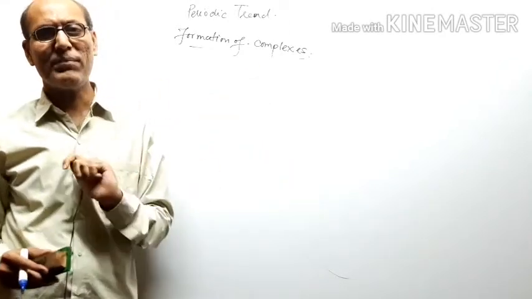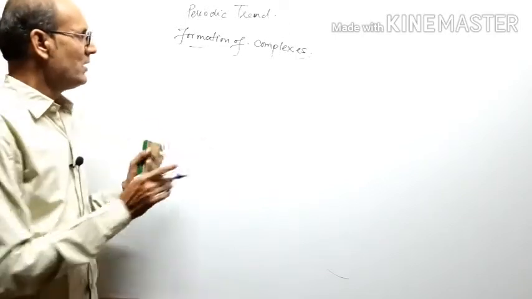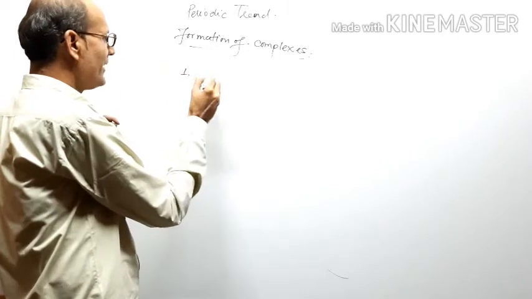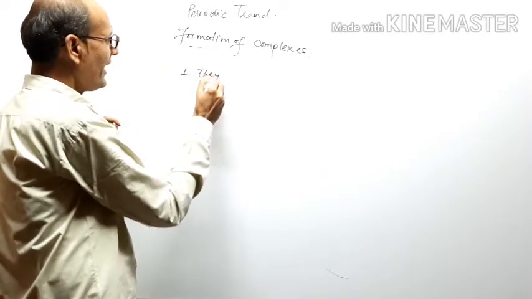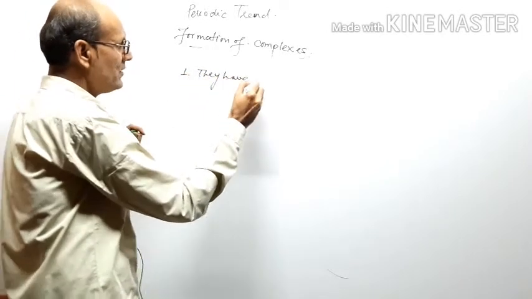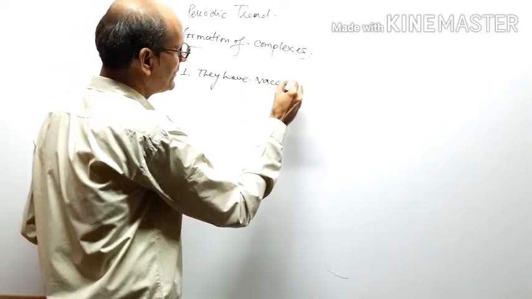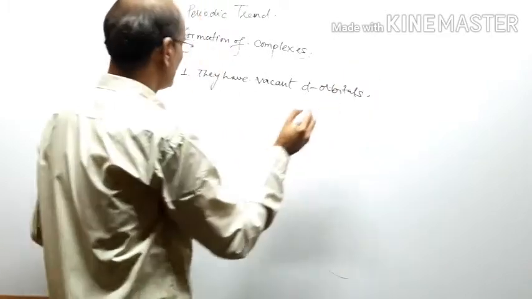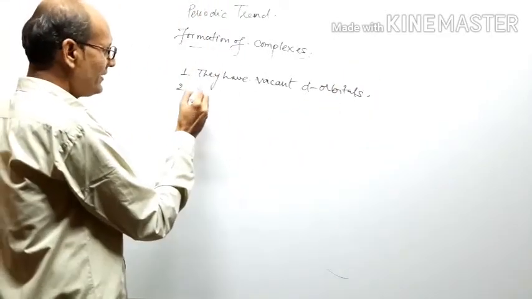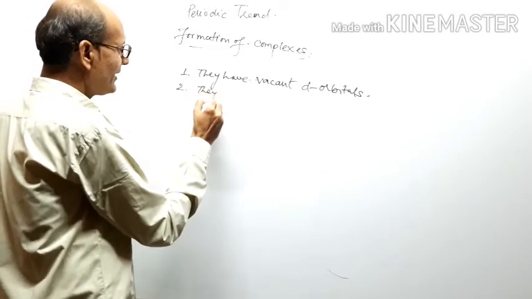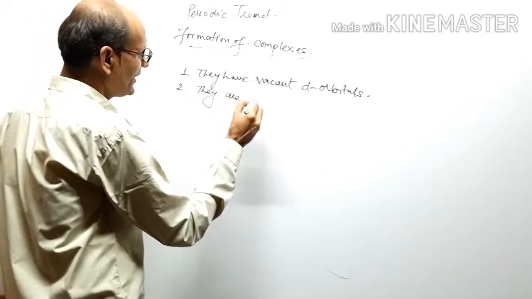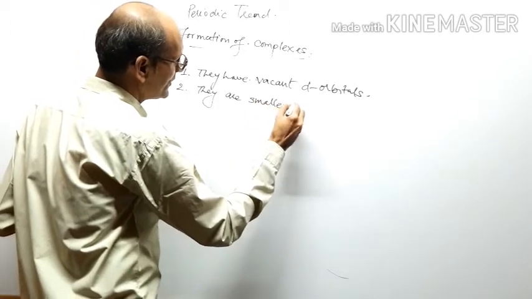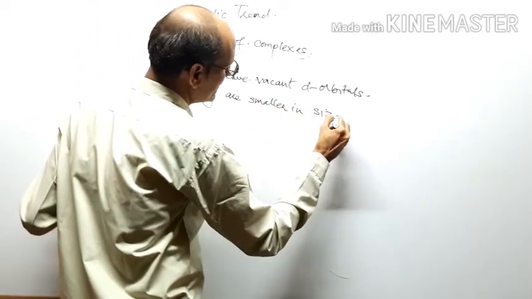Why do they form complexes? There are three main reasons. D block elements form complexes because number one, they have vacant d orbitals. Number two, they are smaller in size.